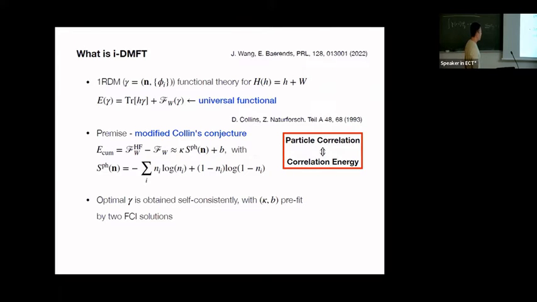We should definitely think very carefully about it. As we saw in the last talk, this 1-RDM gamma, which is a tuple of the natural occupation numbers and the natural orbitals, is obtained self-consistently, because you have a modified Fockian. But you have to decide first how to assign kappa and b in this conjecture, and they are prefit by some input data.